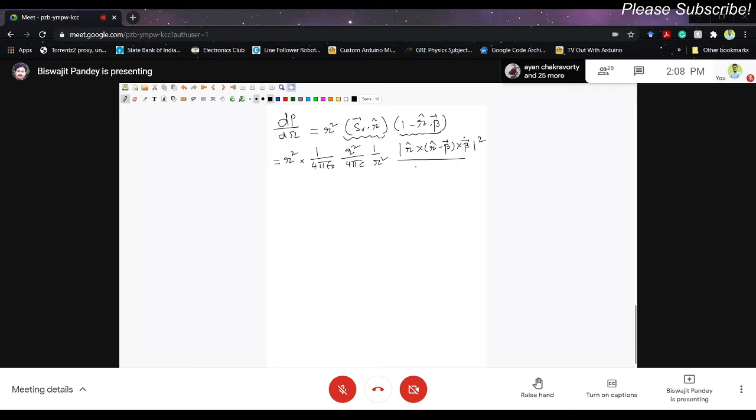So the power will be reduced by 1, so this will be 1 minus r cap dot beta to the power 5. This was to the power 6, and I'm just not writing this term once again because there is not much space here. So you just read that this power is reduced by 1. This was earlier 1 minus r cap dot beta whole to the power 3 squared, that is 6. Okay, so what can we do?